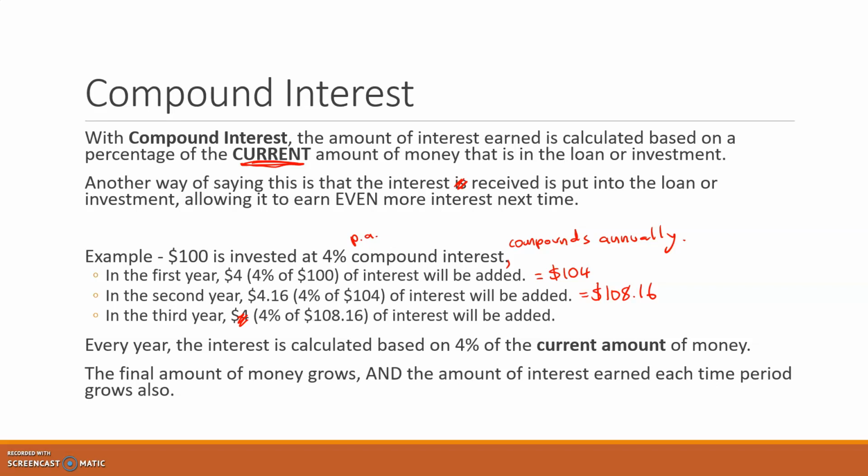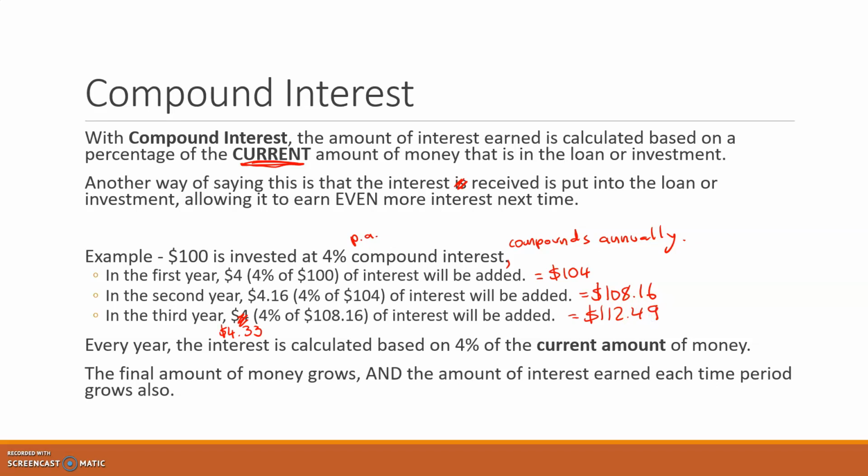Now in the third year, again, we're not calculating off our original amount of money. We want 4% of $108.16. So that's 0.04 times 108.16, which is $4.33. So now the interest received in the third year, it's not $4 like under simple interest, it's $4.33. So what that brings us to now is a total of $112.49.